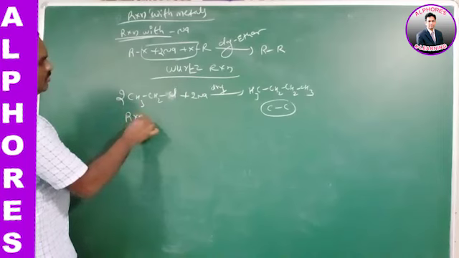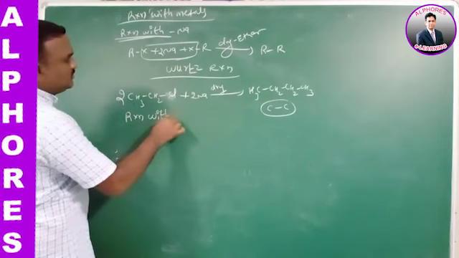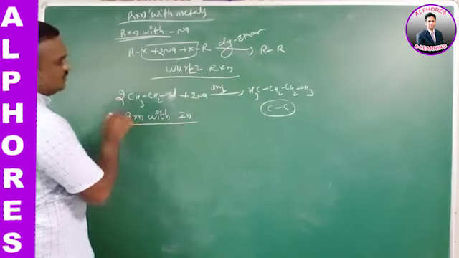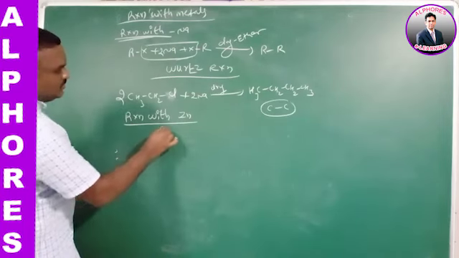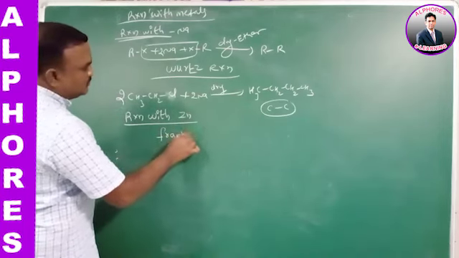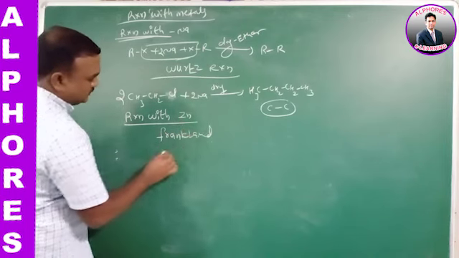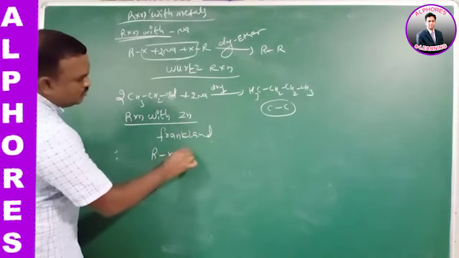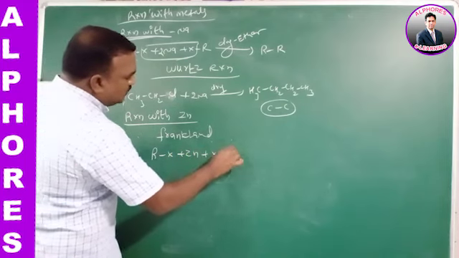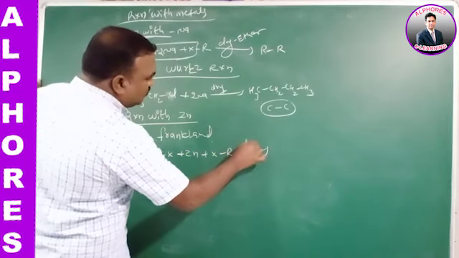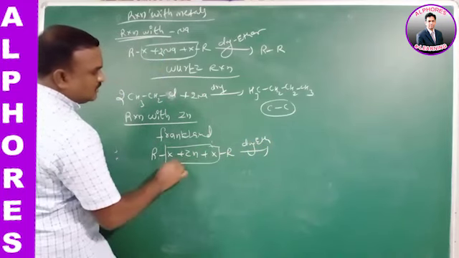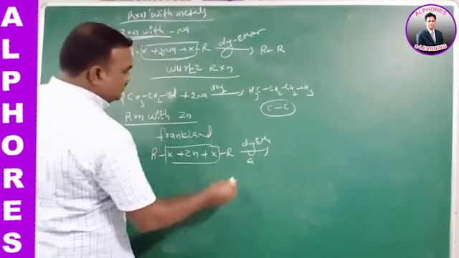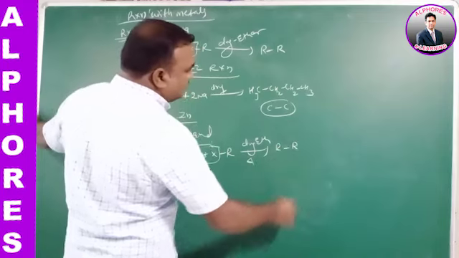Now, reaction with zinc. Reaction with zinc means two moles of alkyl halide compound react with zinc in the presence of ether to form the alkane.